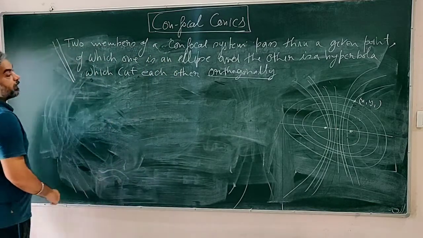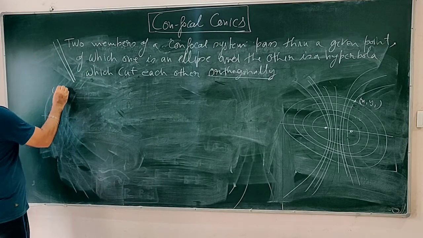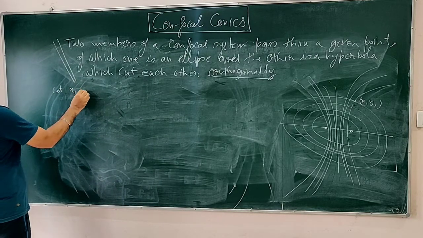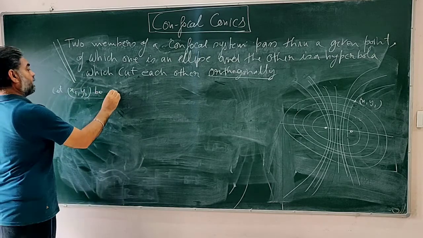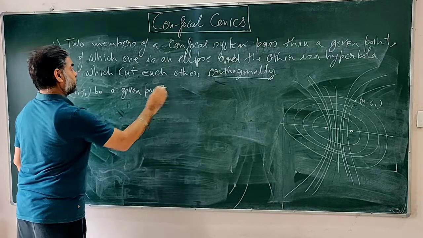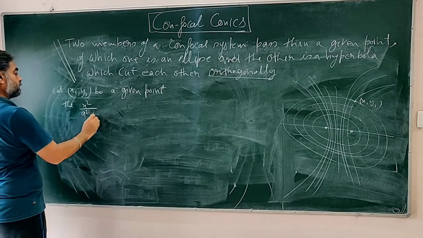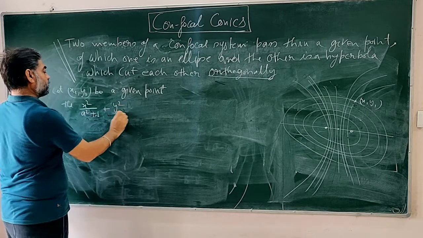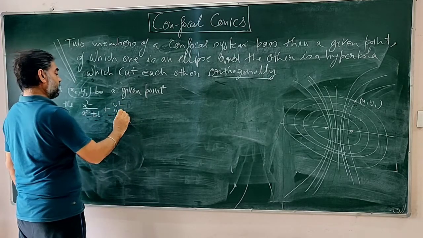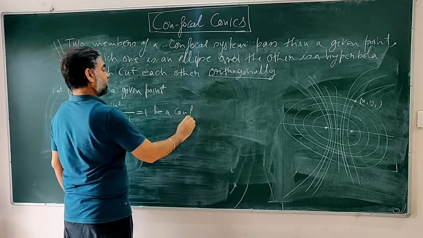So how do we show that in this article? Let x1, y1 be a given point, and let x square over a square plus lambda plus y square over b square plus lambda equal to 1 be a confocal system.